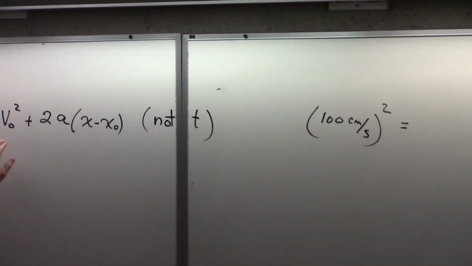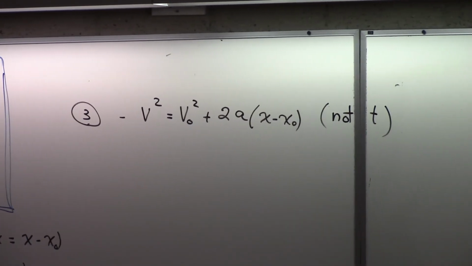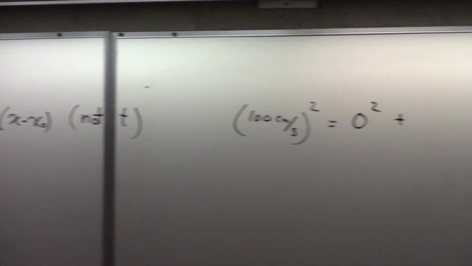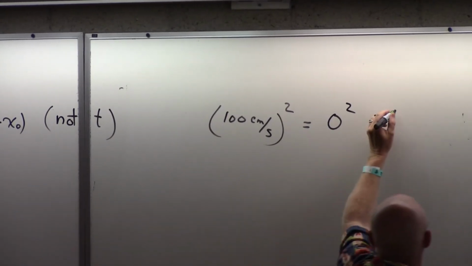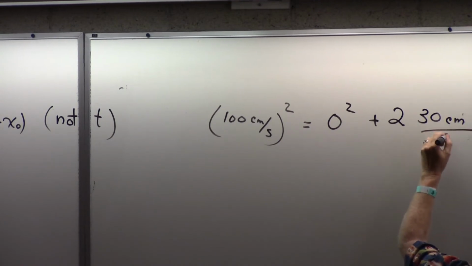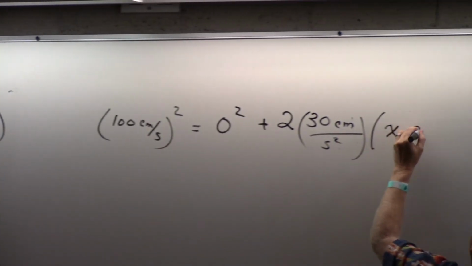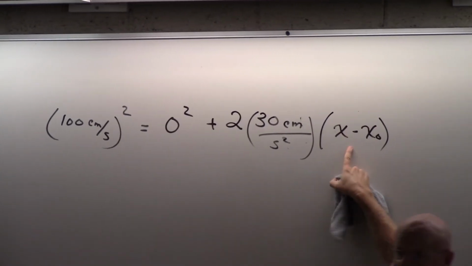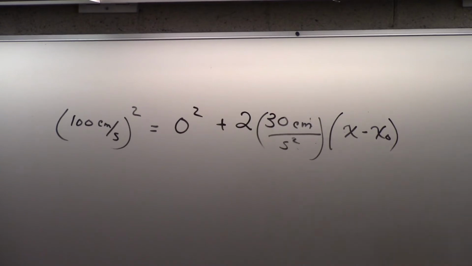I would then put in the initial speed. So remember, we're starting up at the top, so the initial speed would be 0. I then would put in the 2 and the acceleration as 30 centimeters per second squared. And then this would be what we are asked to find. How far did it go? Okay.